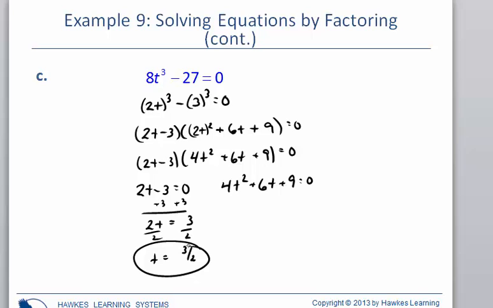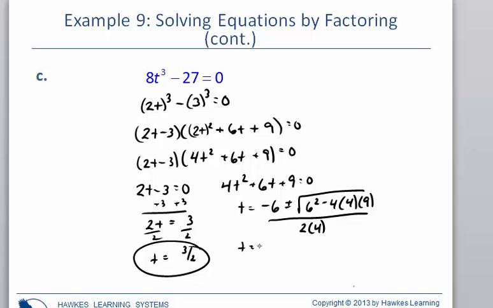Now, for the other one, the 4t squared plus 6t plus 9, we know it's not going to factor because of the way that this worked out. So we're probably going to be left with doing quadratic formula. All right, so let's quickly plug that in and see if we can make that work. We're going to say negative b would be negative 6. B squared would be 6 squared minus 4 times the a times the c, all over 2 times the a.